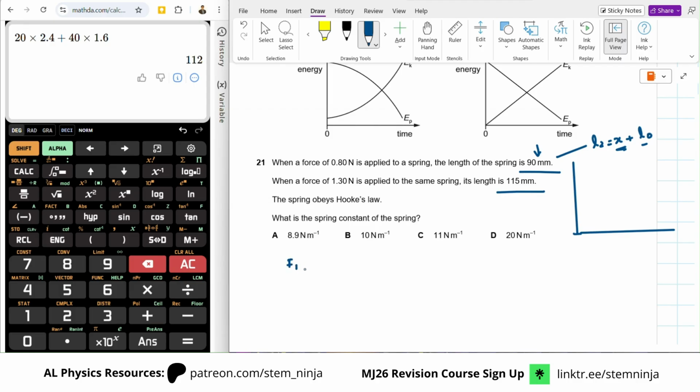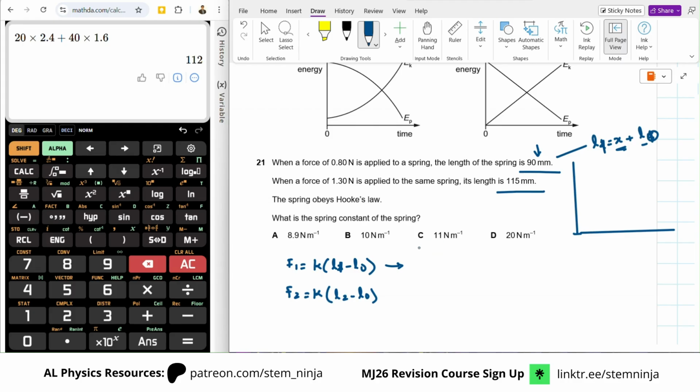So F1 is equal to K times L1 minus L0. Let's call this L1, and this is the original length L0. And for F2, K remains the same, and it is L2 minus L0.